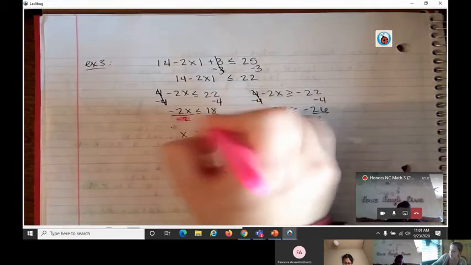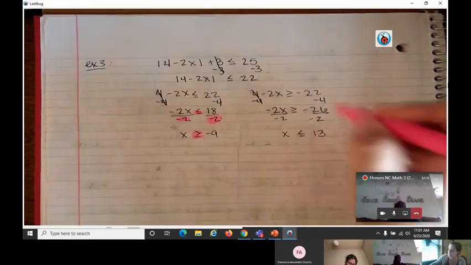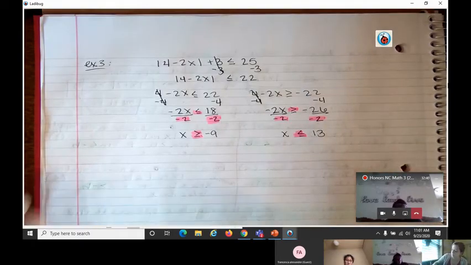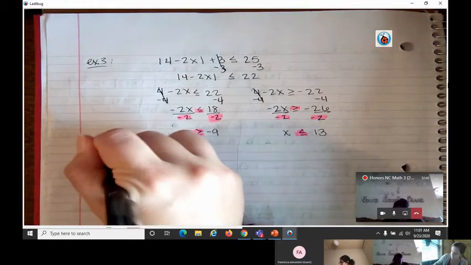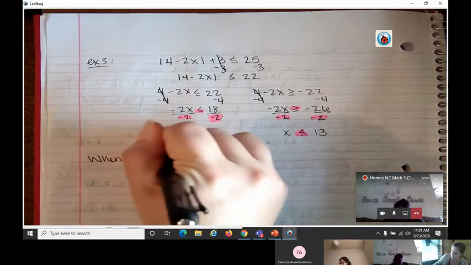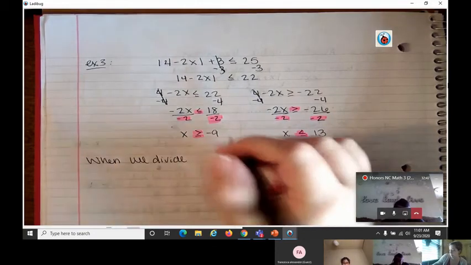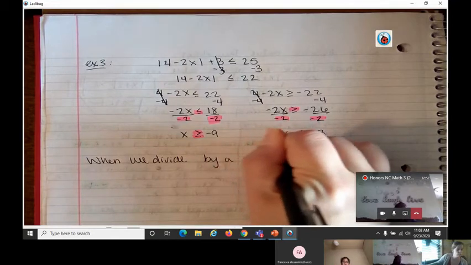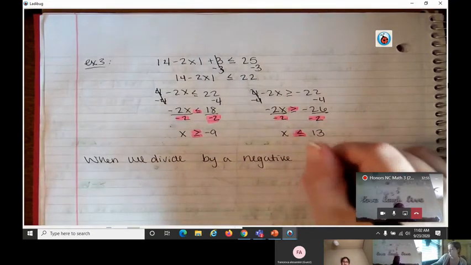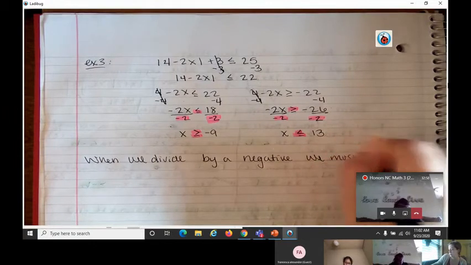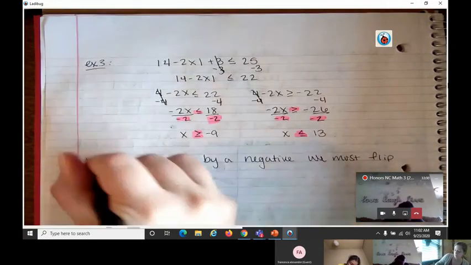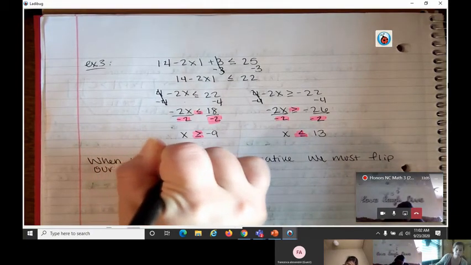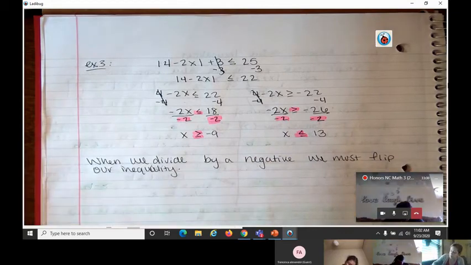So we divided by a negative value and it flipped the sign. Okay, so that's what happened in the pink.